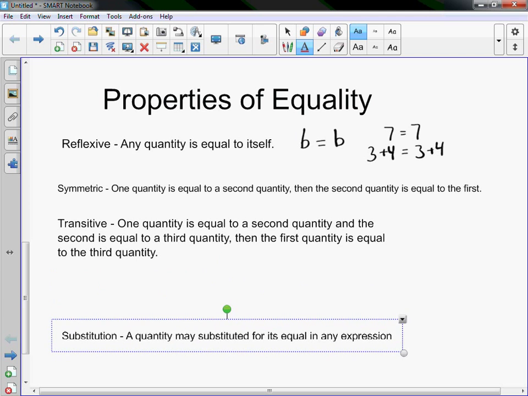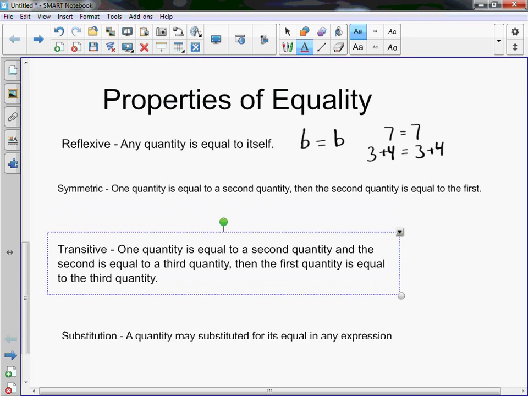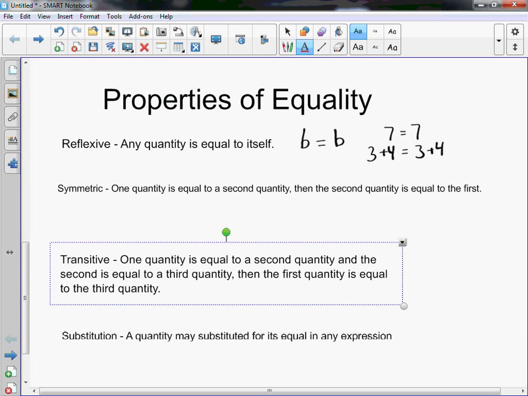Sliding some of these around a little bit to give us more space. The symmetric property next says that if one quantity is equal to a second quantity, then the second quantity is equal to the first. This one's also very basic.